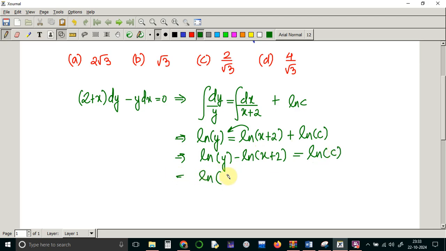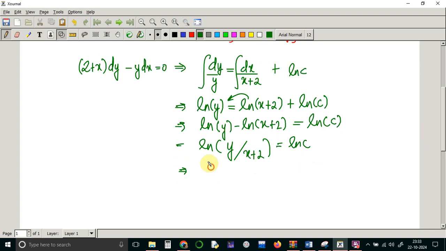By using the formulas of logarithm, it is y divided by (x plus 2) equals c, which implies, taking anti-logarithm or raising this equation to the exponential, we will get this. So the solution is y equals c times (x plus 2).